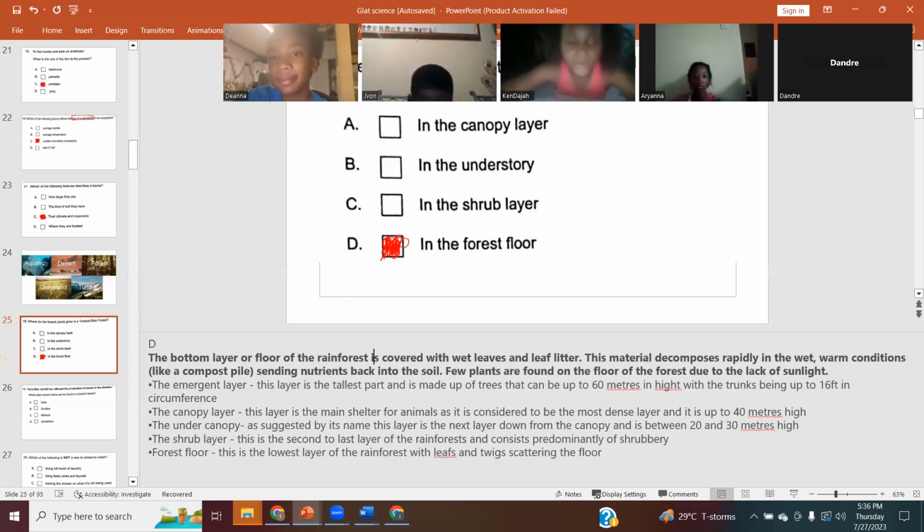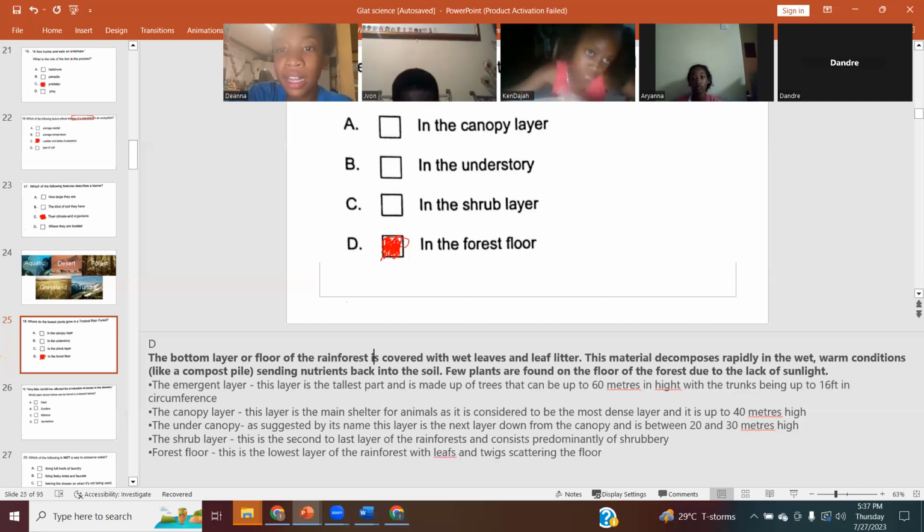Okay. Continue reading. This material decomposes rapidly in the wet, warm conditions, like a compost pile, sending nutrients back into the soil. Few plants are found on the floor of the forest due to the lack of sunlight.